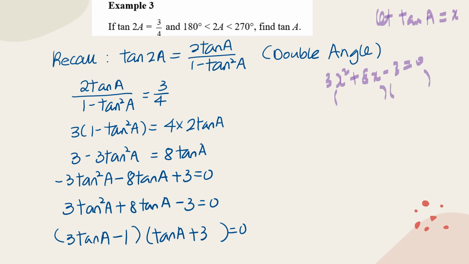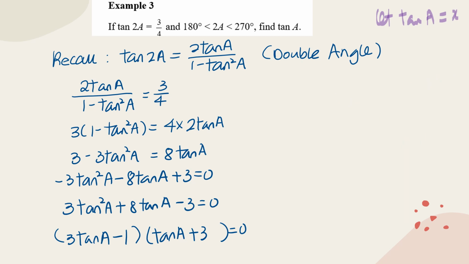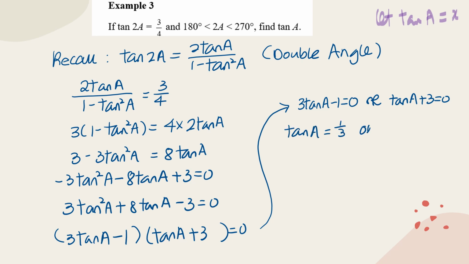Okay, and then you can just factorize it. This one will look familiar to you. So x can be 1/3 or x can be -3, and then put back your x to be tangent A. Okay, you can use this method if you're not too comfortable in factorizing quadratic equations involving trigo functions. All right, so the next step will be tangent A equals to 1/3 or tangent A equals to -3.